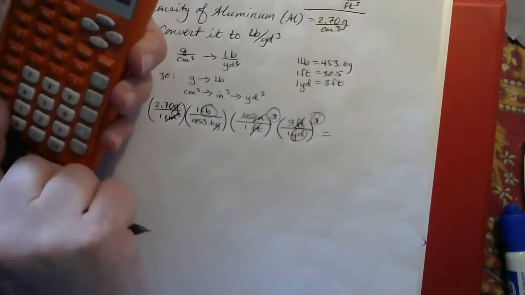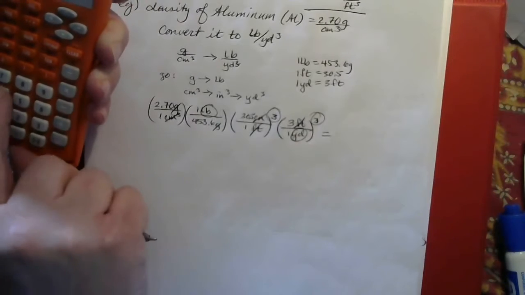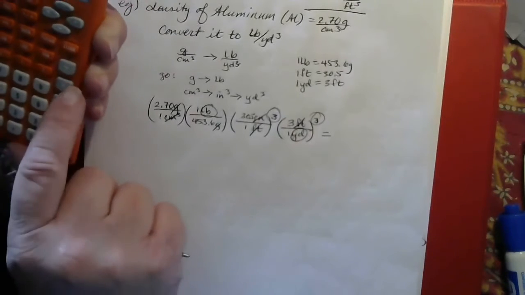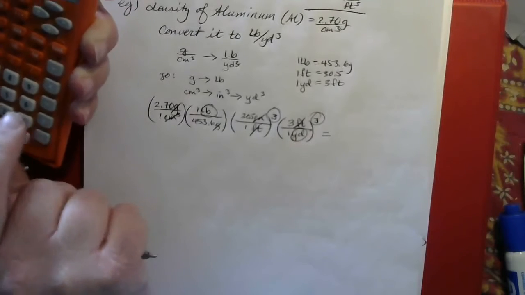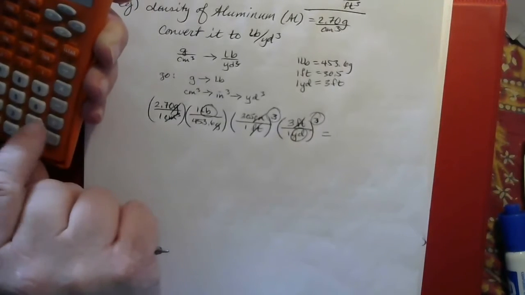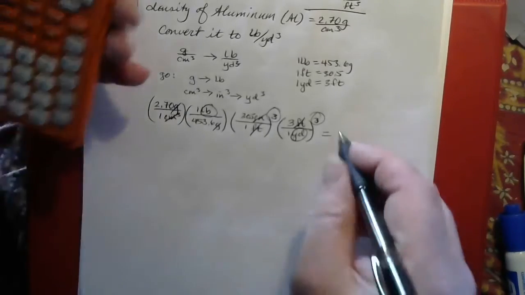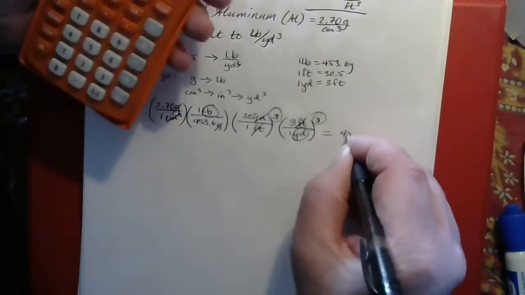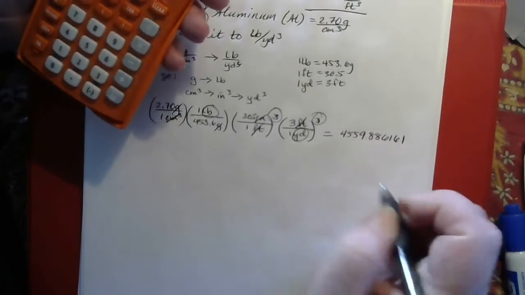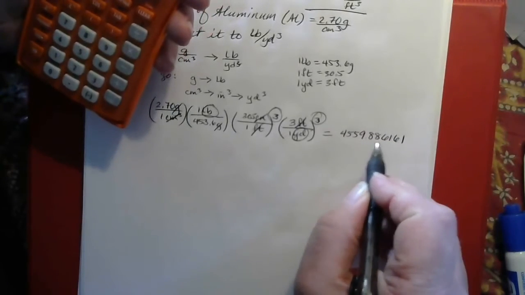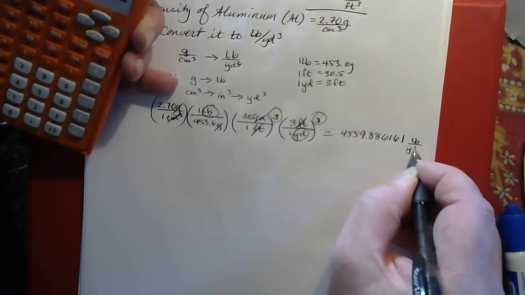If we multiply and divide this out, we get 2.70 divided by 453.6 times 30.5 raised to the 3rd power times 3 raised to the 3rd power. And we get 4,559.886161.